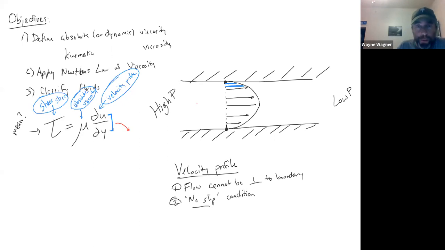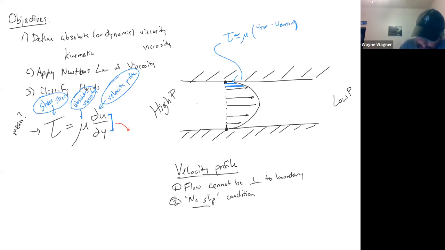The stress between those two layers: tau is approximately equal to the velocity in the top layer, U top, minus U bottom.